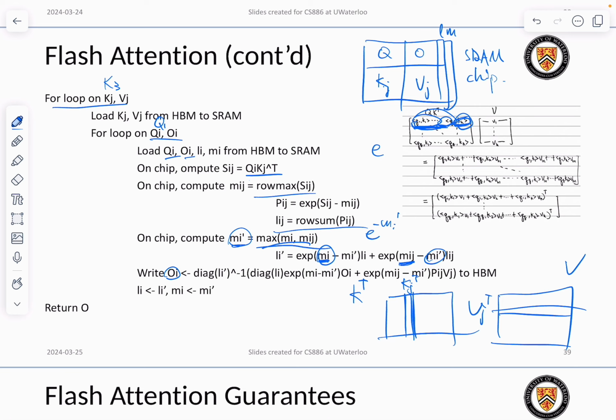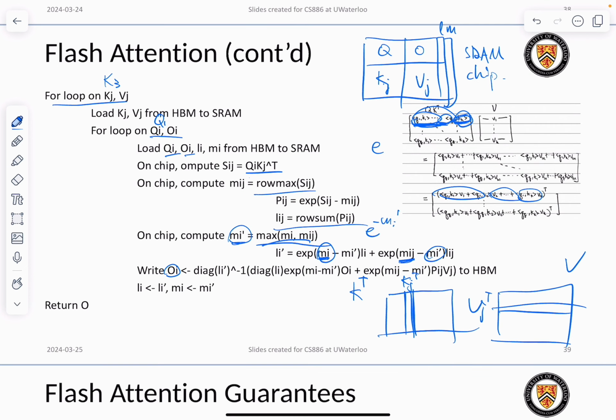And then what we want to write to OI is basically we want to have our original OI. So we already computed this, now we're somewhere here.